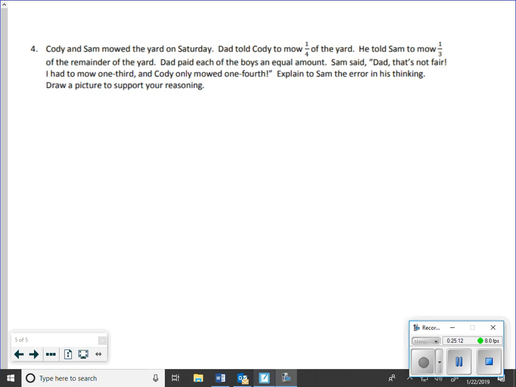Would it be correct to go, oh, fraction, multiply, 1/12? Would that be right? That's not even doing anything. If you don't read the problems and just go, okay, we're multiplying fractions, so I'm going to multiply them, would that even answer the question? No, that's not even what you should do.